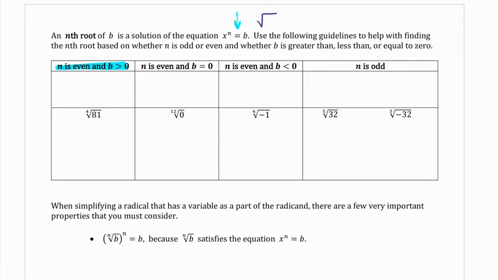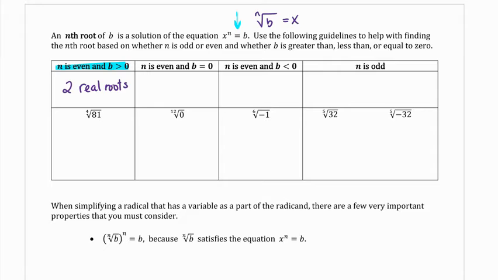So really I'm looking at the nth root of b would equal x. Okay, so that tells you what n and b are there. So if n is even, the index on our radical is even, and b is greater than 0, meaning the number inside the radical is positive, we get 2 real roots.